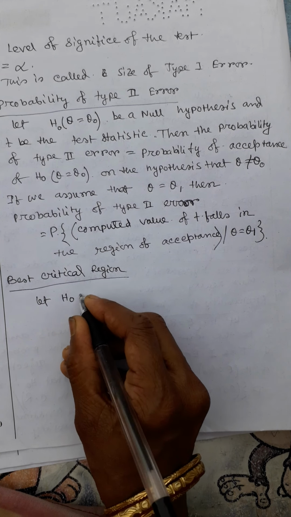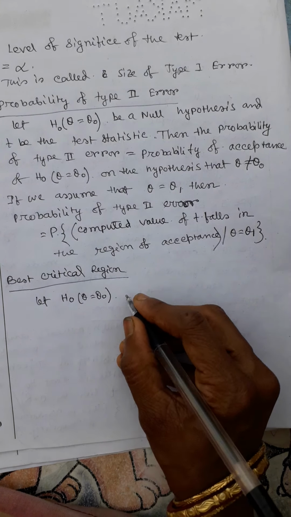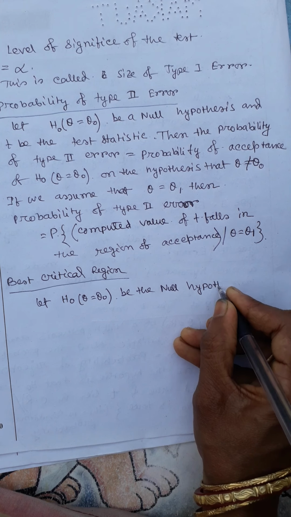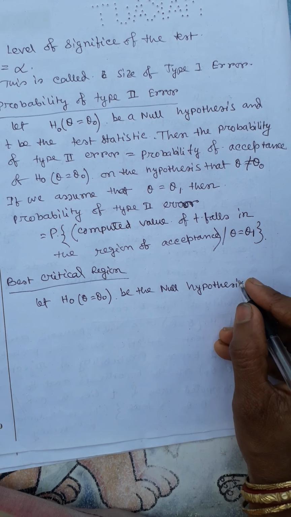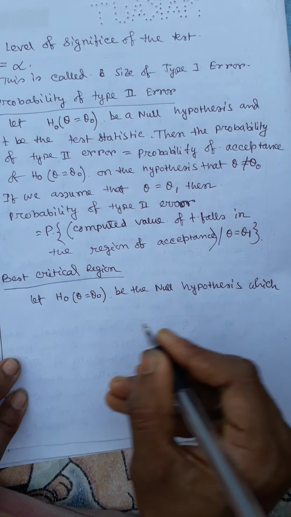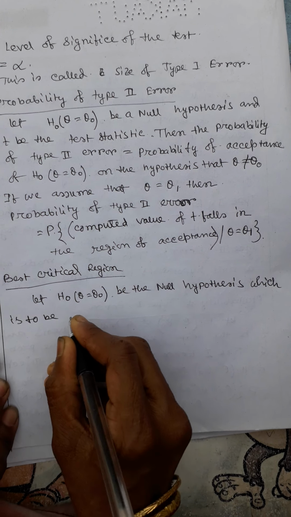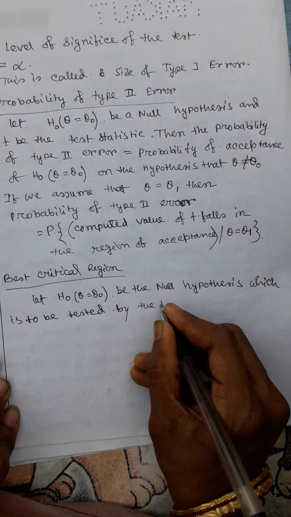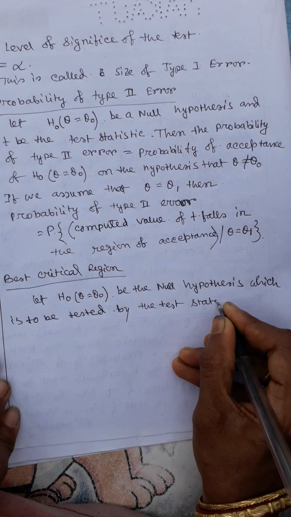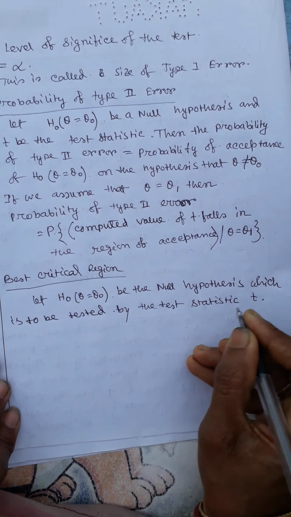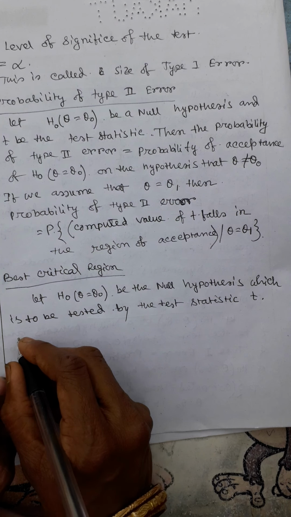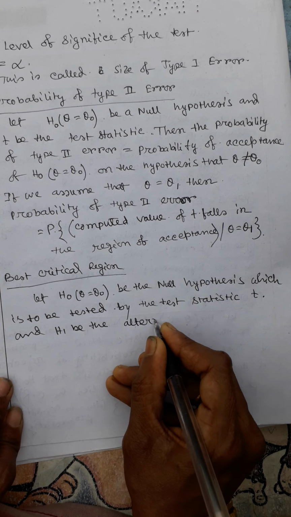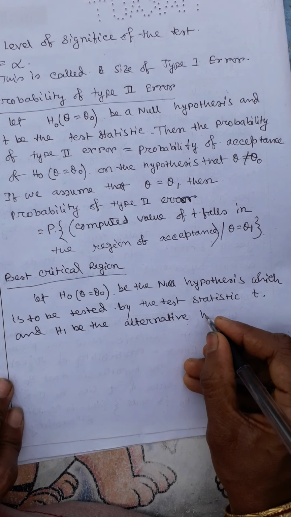Let H0, where theta is equal to theta 0, be the null hypothesis which is to be tested by the test statistic T, and H1 be the alternative hypothesis.